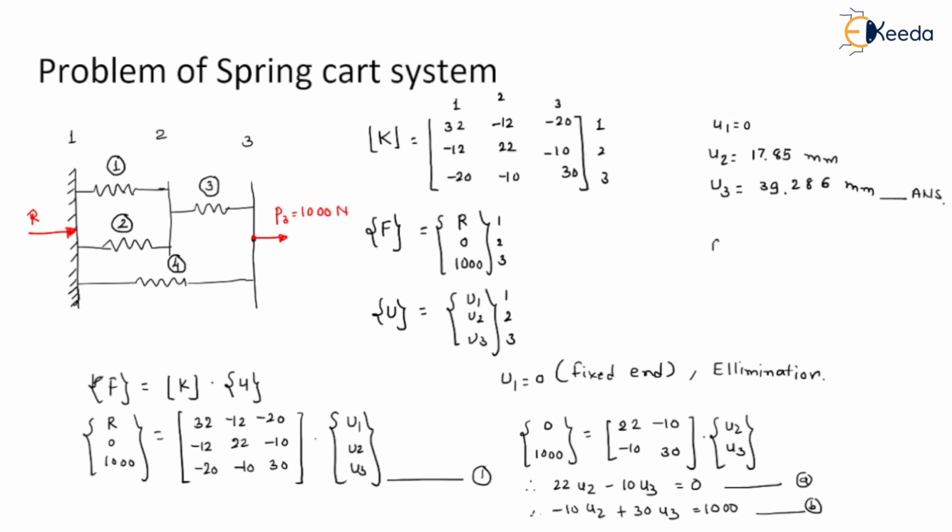And for reaction we can say, first row into first column, the matrix multiplication. So R is equal to, we have the equation 32 u1 minus 12 u2 minus 20 u3. So putting the values in this equation, the first term will become 0.